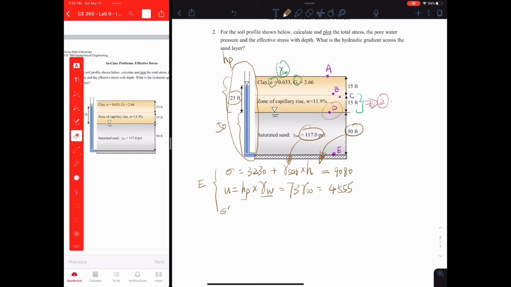And the effective stress of point E is 9080 minus 4555, and the answer is 4525.